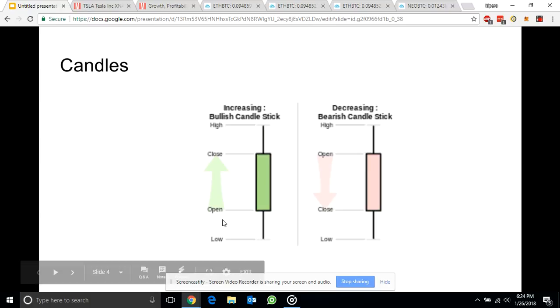Also, as you notice, green candles represent a price increase. The closing price is higher than the opening price. We can call this candle a bullish candle. On the other hand, a red one is a bearish candle, which represents a price decrease during 1 day. The closing price is lower than the opening price.